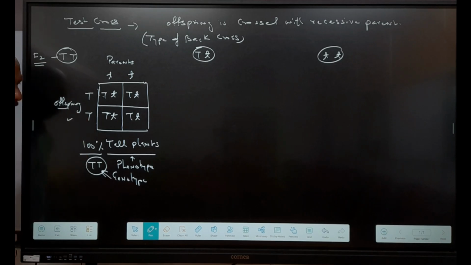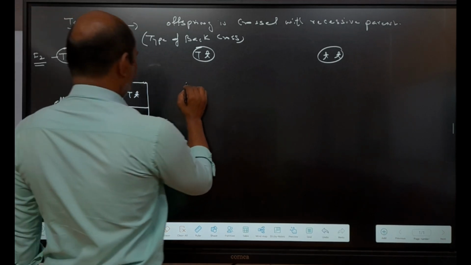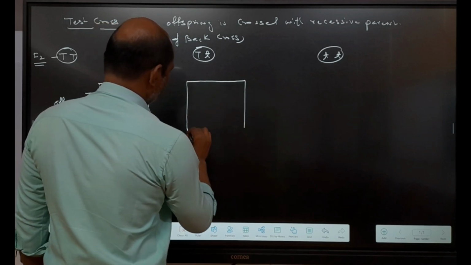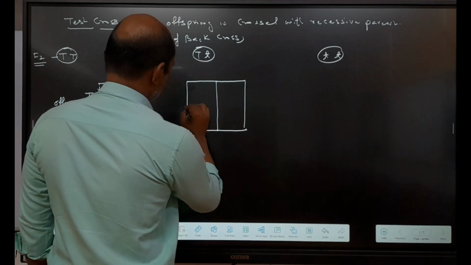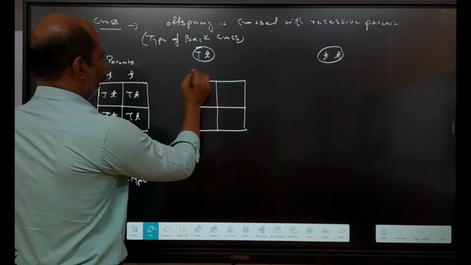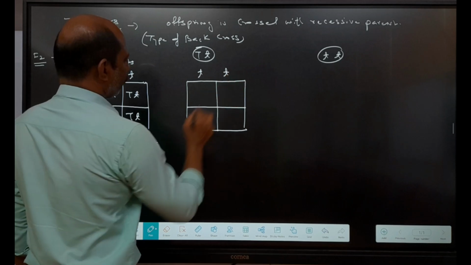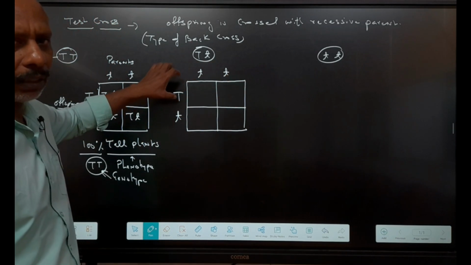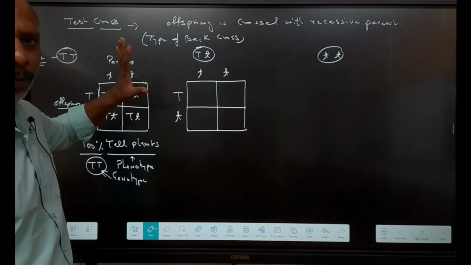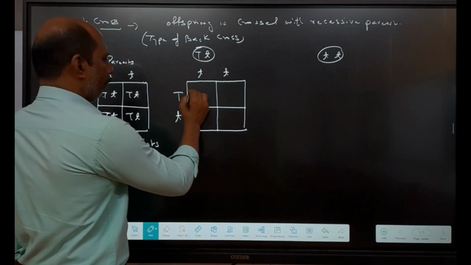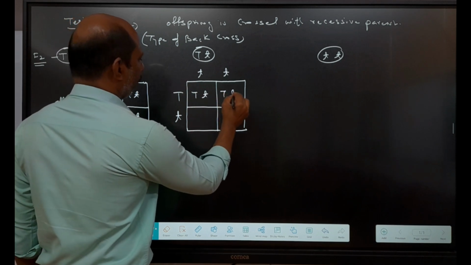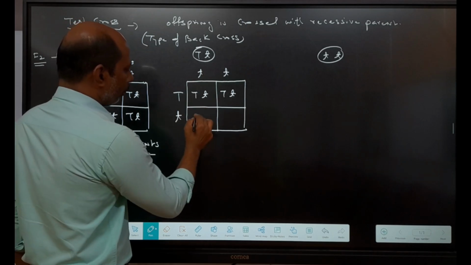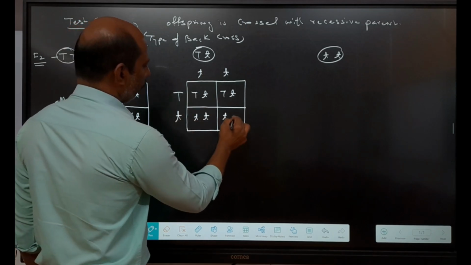Now in the second case, when a recessive parent is crossed with a hybrid offspring, what do we get here? This side is the parent, small t, the recessive parent, and that side, because it has capital T small t, means 50% gametes are capital and 50% are small. Probability is 50-50%. Here we get capital T small t, this side also capital T small t, and this side small t small t, small t small t.